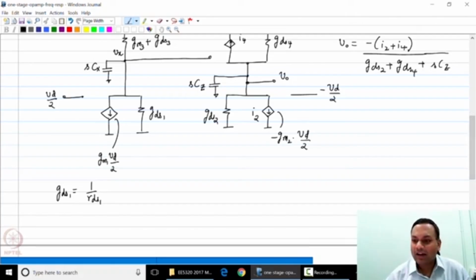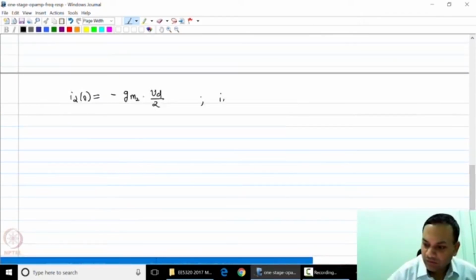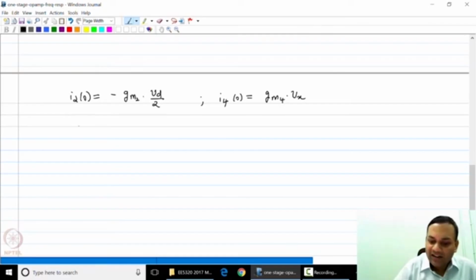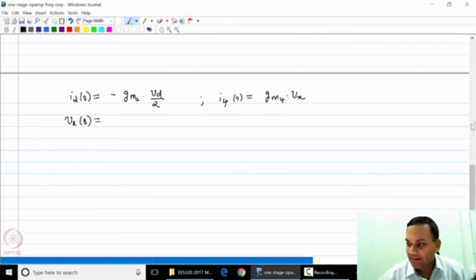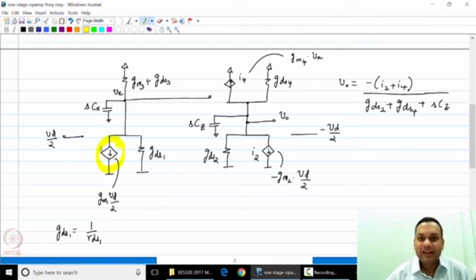Now let us find out what I4 is. I4 is nothing but GM4 times Vx. We now need to find out what Vx is. So I4 of S is GM4 times Vx, and now it is our job to find out Vx of S. Vx of S is clearly equal to this current multiplied by the total impedance at that node with a negative sign.